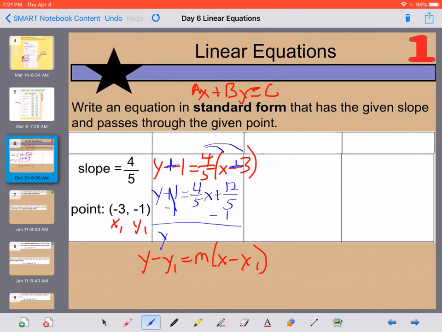And we get y equals 4/5x plus 12/5, which as a mixed number would be 2 2/5. So minus 1 would give us 1 2/5.